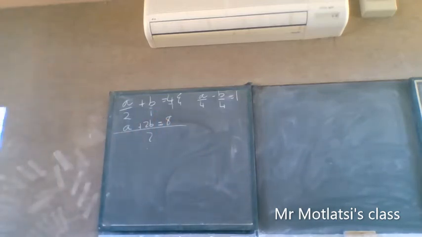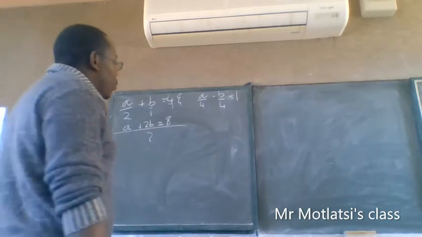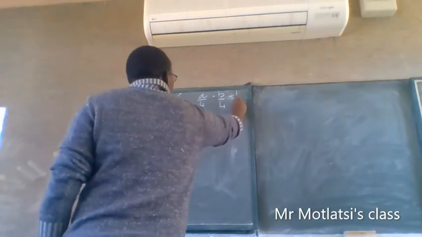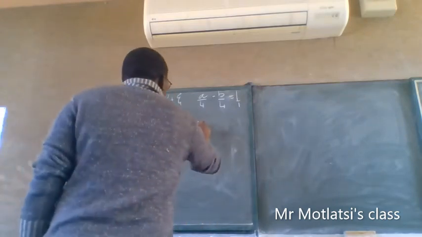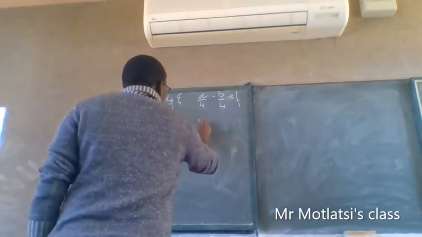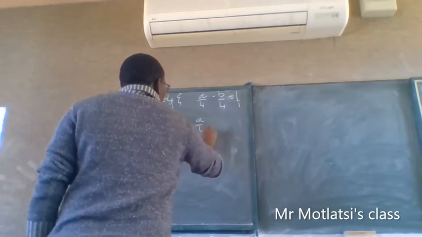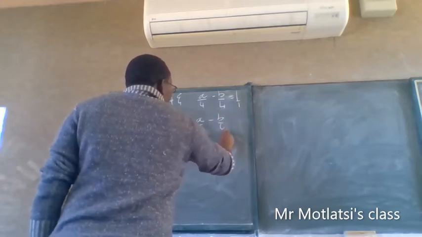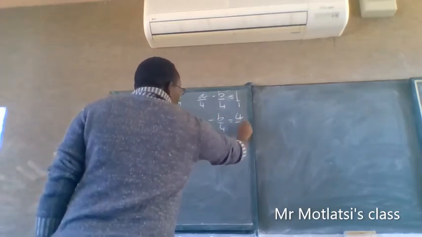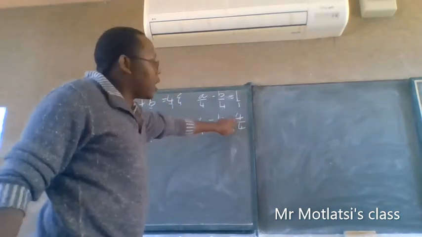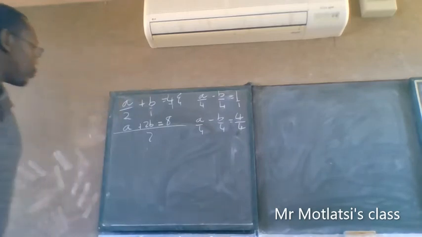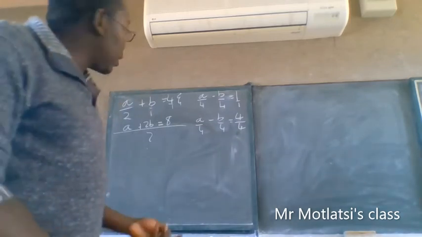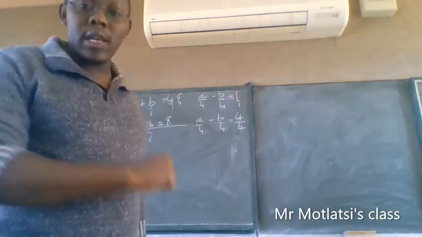All right, then the second one over 1. Oh, so basically we can say the next equation is a over 4 minus b over 4 is equivalent to 4 over 4, because 4 divided by 4 is still 1. And so therefore, now that our equation looks like this, what is our next step?